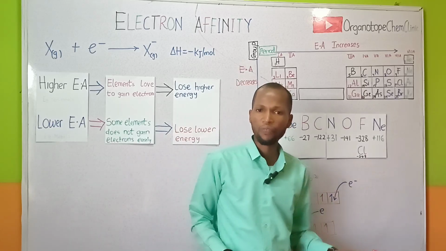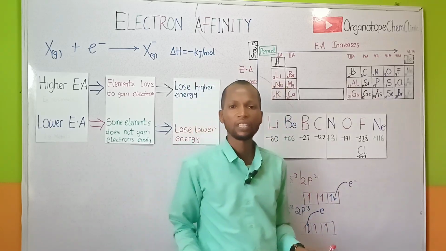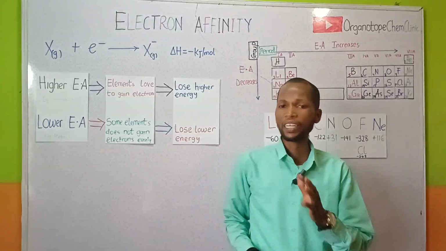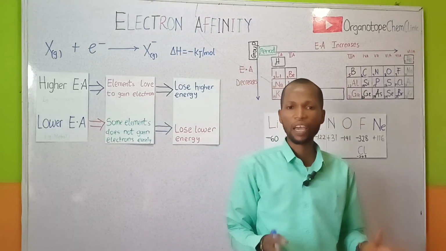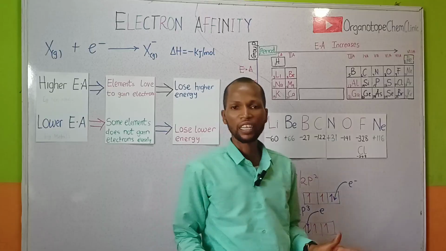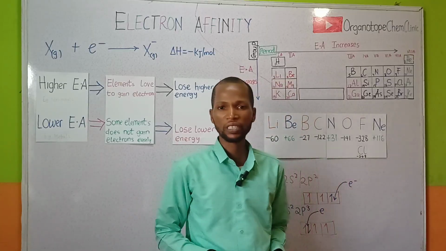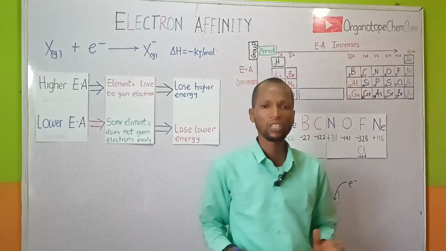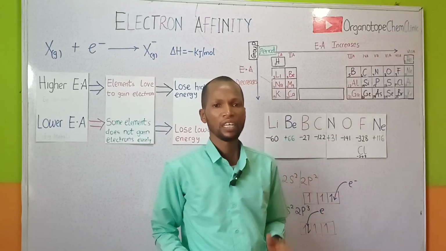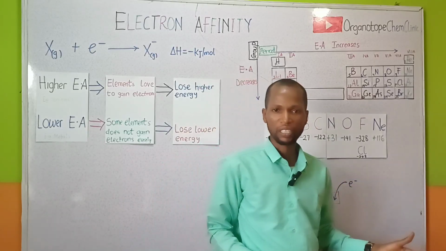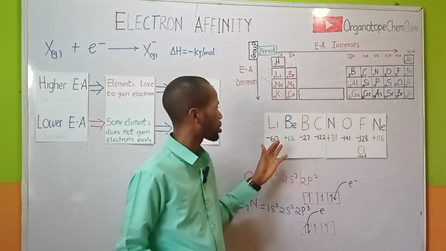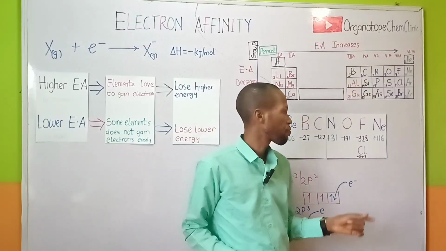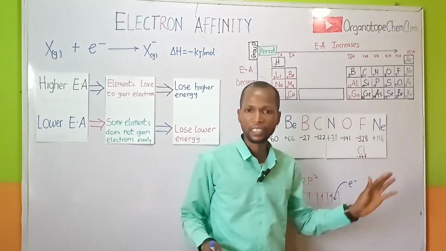In other words, when an electron is added and pairing occurs, it results into an endothermic process. But in an instance whereby the addition of electron does not result into pairing, it results into exothermic process. So we can as well check in the case of lithium and beryllium. You can as well confirm that of fluorine and neon.